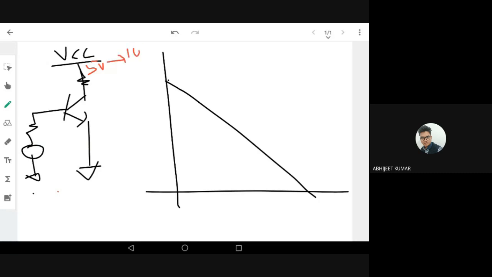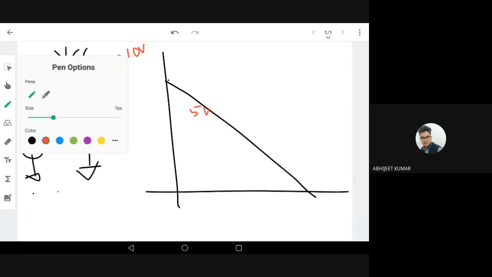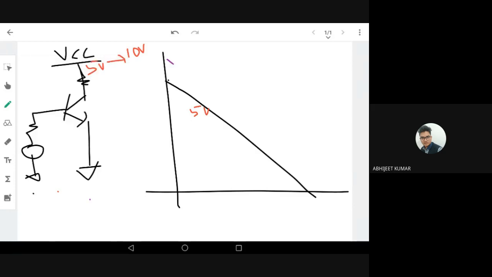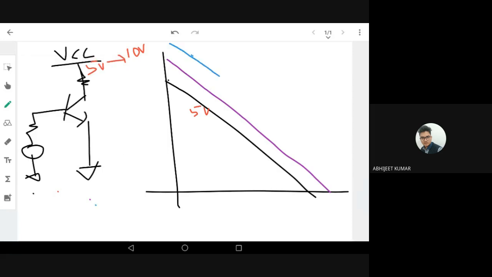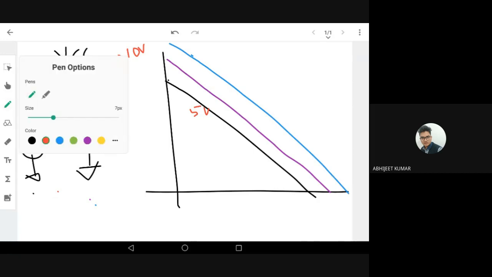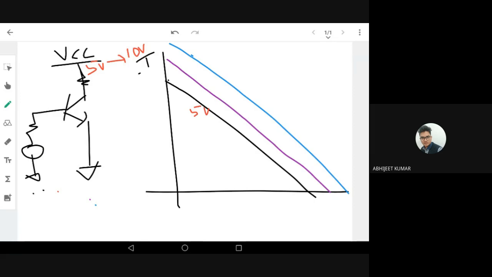This is the 5 volt load line. You can see the load line is shifted like this, because more current is going to flow; the maximum current and maximum voltage are going to increase. As I go on increasing my VCC, my load line is going to shift like this, because IC maximum and VCE maximum are going to increase. As I decrease the VCC, it reduces again. This is parallel shifting.